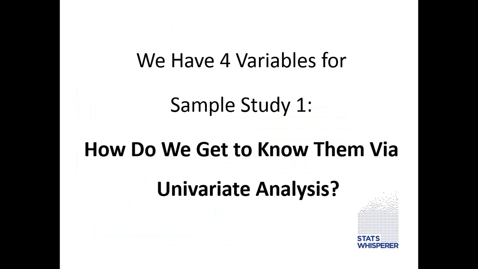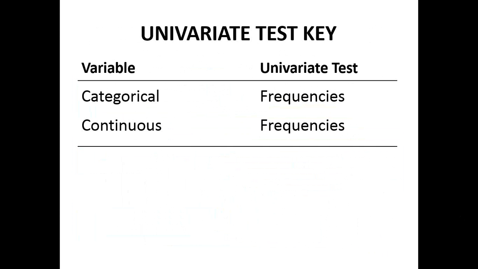So the big question is we have our 4 variables for sample study 1. How do we get to know them via univariate analysis? Well, the first step might be to look at the univariate test key.